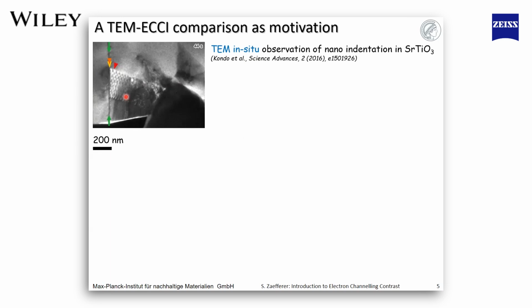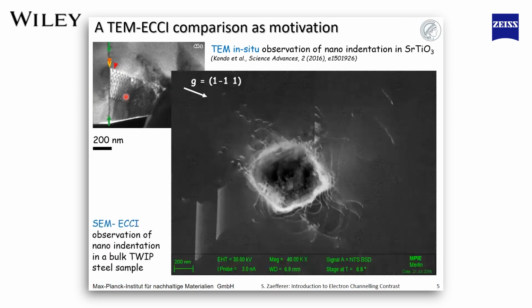Now, I don't claim that we can do the same thing in SEM, at least not yet, but we can do something very similar, and that is shown here. This is, again, a nano-indent, shown at the same magnification, 200 nanometer bar. This indent has been done into a bulk sample of a TWIP steel, a steel with so-called twinning-induced plasticity.